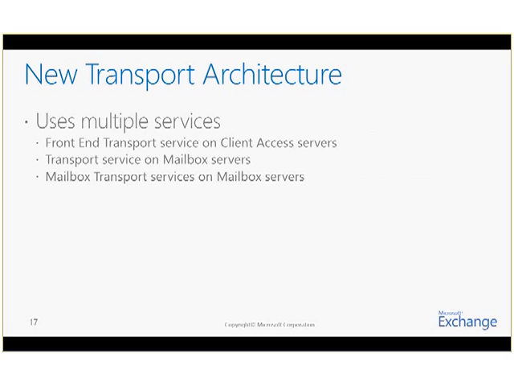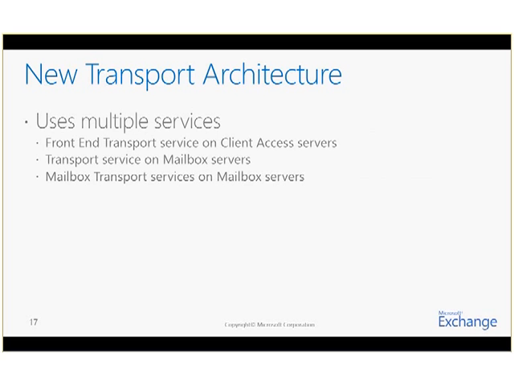And then lastly, there is the Mailbox transport service. This service runs on all Mailbox servers and consists of two separate services, the Mailbox Transport Submission Service and the Mailbox Transport Delivery Service. Now, the delivery service receives SMTP messages from the transport service on the local mailbox server or on other mailbox servers, and it connects to the local database using Exchange RPCs to deliver the message.